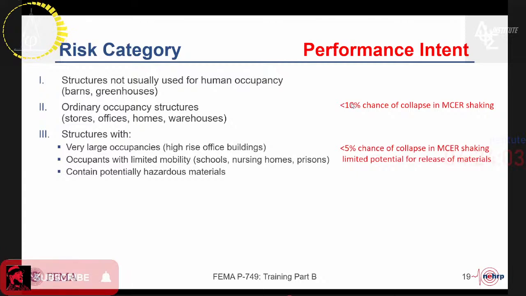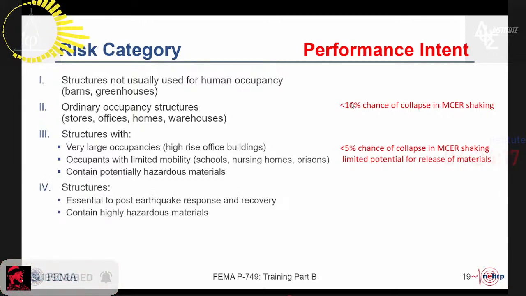So for risk category 3 structures, ASCE 7 targets providing less than a 5% chance of collapse in MCER shaking and limited potential for release of materials due to damage. The final risk category is risk category 4.